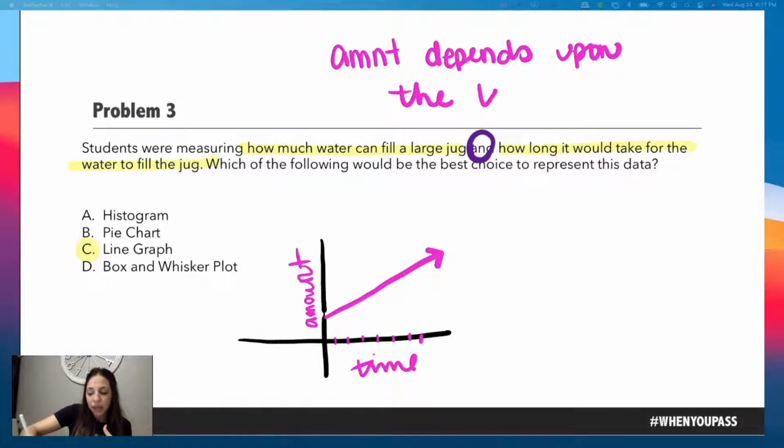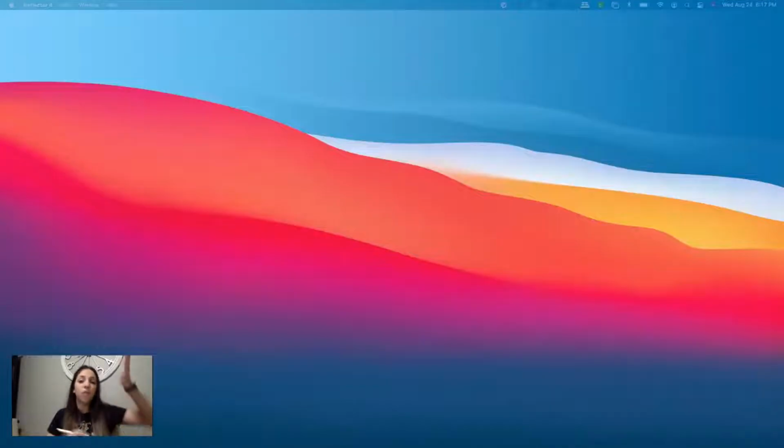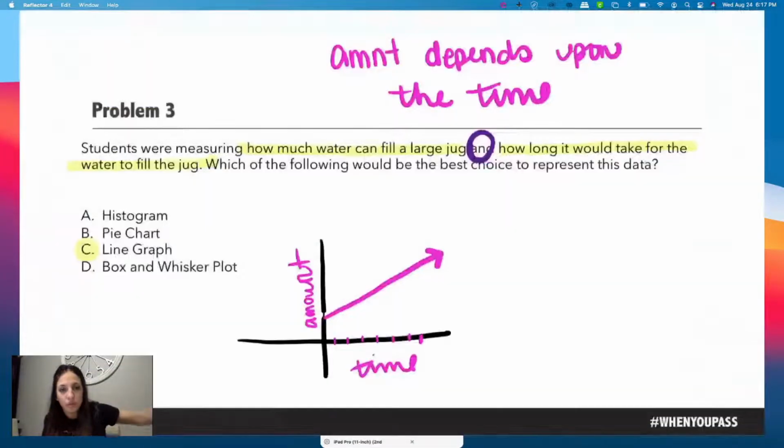What does that mean? That means that the amount of water is my dependent variable and the time is my independent variable. So when I'm looking at that graph, I know that a line graph is going to do the best job representing a graph that looks at an amount over the course of time.